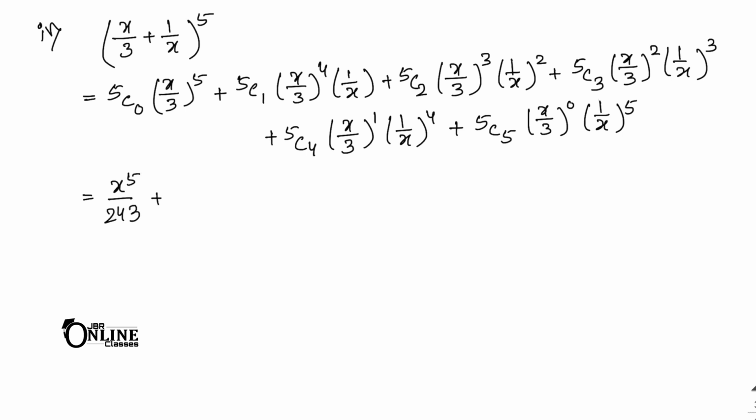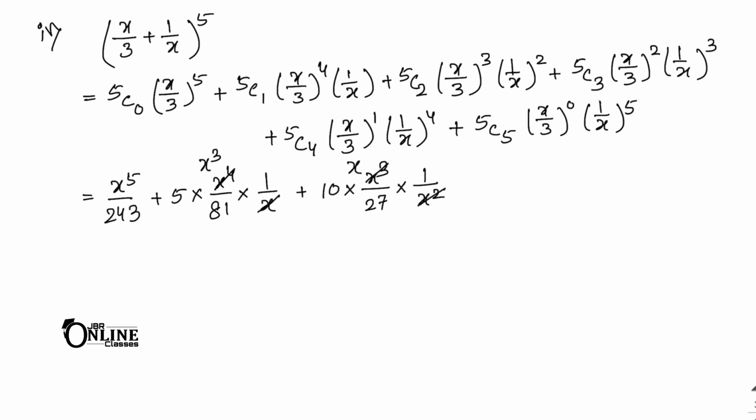The next one 5c1, that means 5 into x to the power 4, and 3 to the power 4 means 81, then 1 by x cancels out this one, x cube. Next 5c2, that is 10 into x cube by 27, and it's 1 by x square, cancel out this one, it becomes x.